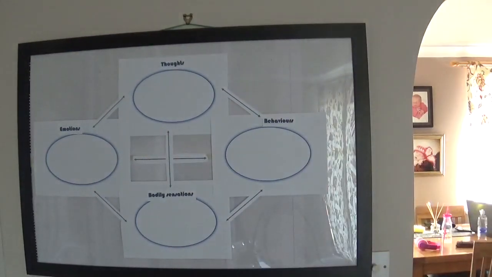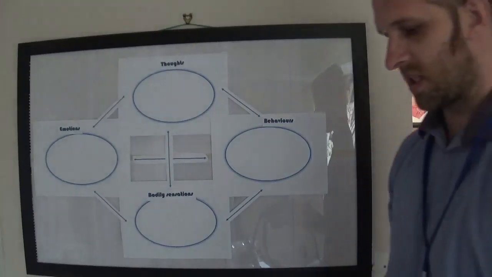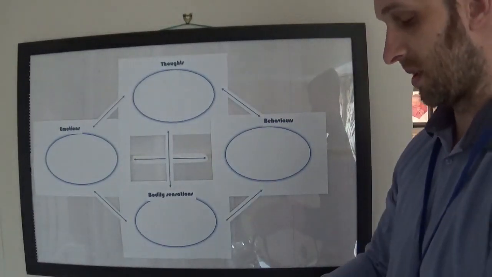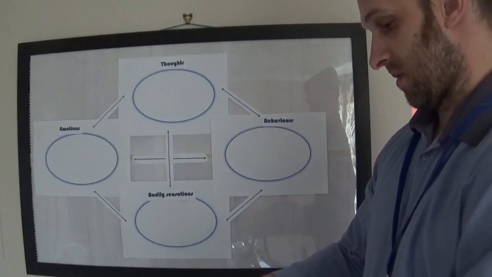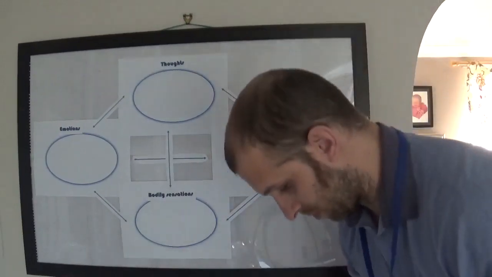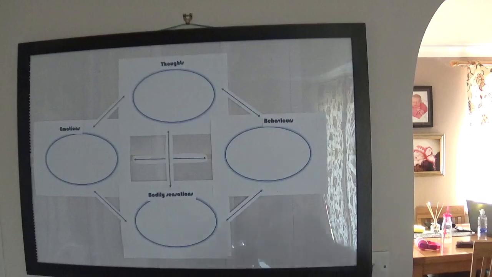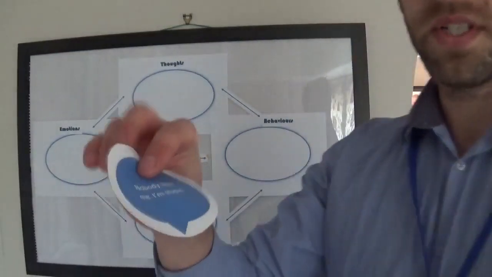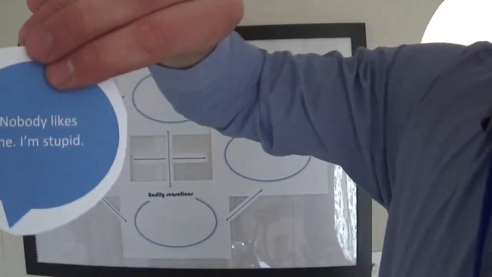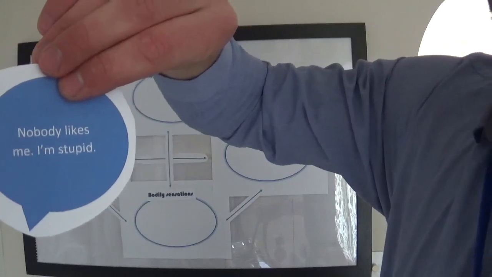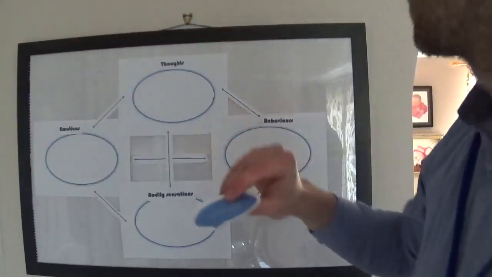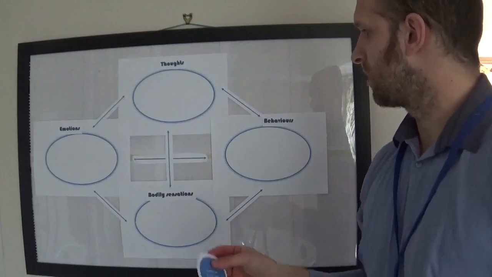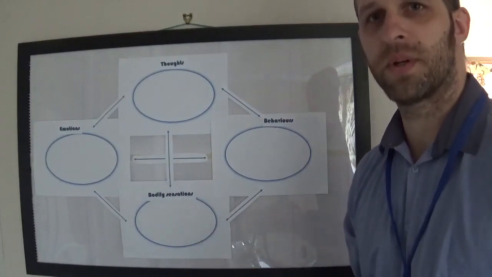So the first example I've got is, well, let's have a look. So, blue tack's fallen off. The first thing: nobody likes me, I'm stupid. Is that a thought, an emotion, a behaviour or a bodily sensation?